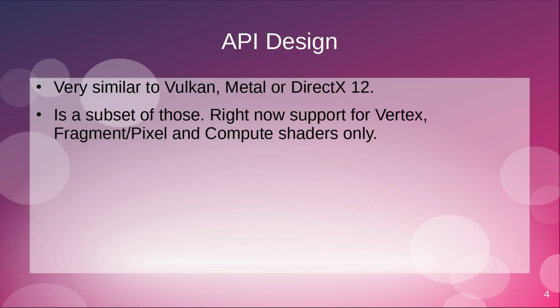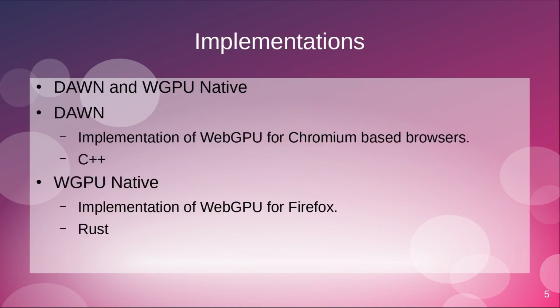But what's also important for those who are working with DirectX 12, Metal, Vulkan, it doesn't have any other shaders. It's a subset of those, so you cannot expect ray tracing anytime soon. Maybe some other shaders, maybe geometry shaders, stuff like that. But for now, we just have vertex, fragment, and compute shaders.